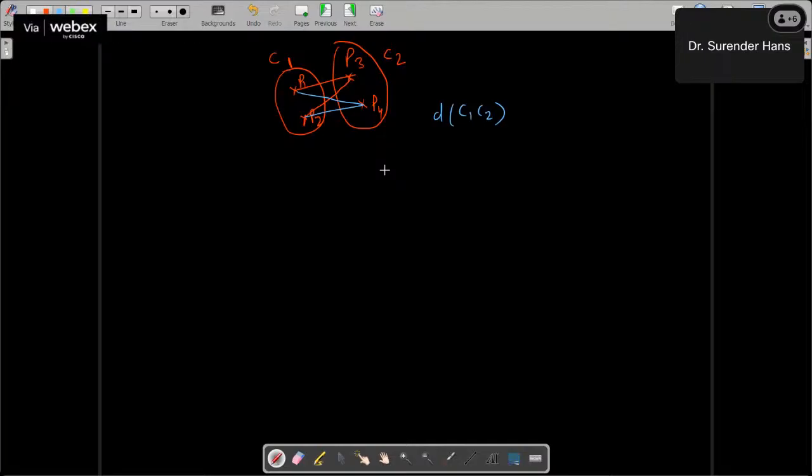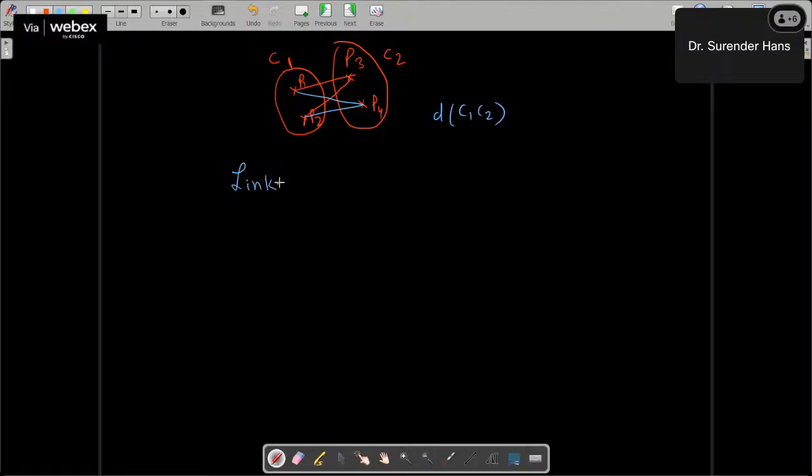Clear? So now the question is, do we have only the one minimum distance? Okay. So now the answer is we have the four linkage methods. Okay, there is a linkage criteria.